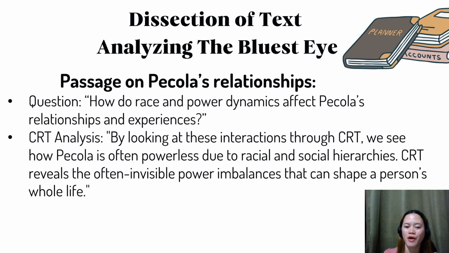Can I have Maria? Yes, that's great. For the CRT analysis in this passage, by looking at these interactions through CRT, we see how Pecola is often powerless due to racial and social hierarchies in her community. CRT reveals the often invisible power imbalances that can shape a person's whole life.